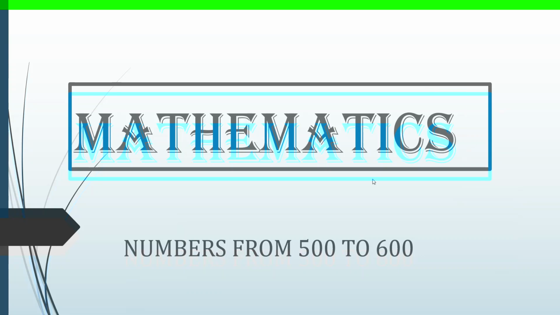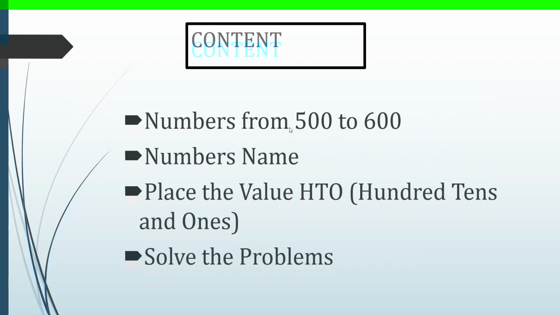Today we are learning about the numbers from 500 to 600. On this screen you can see the numbers from 500 to 600. This is the content: numbers from 500 to 600, number names, and place value of HTO.